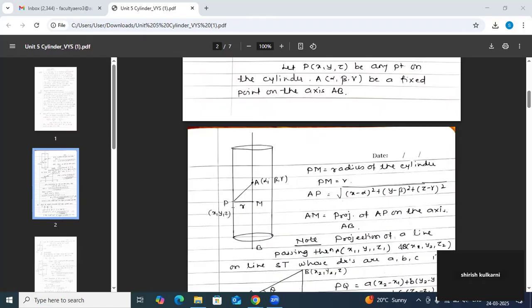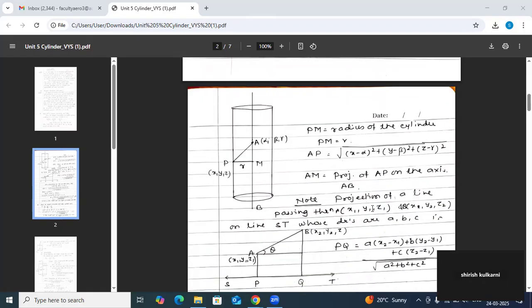Clear? In the problem, the radius is given. You have to find out the distance AP using the distance formula. Find out AM using the projection concept. AM is a projection of AP on the axis.